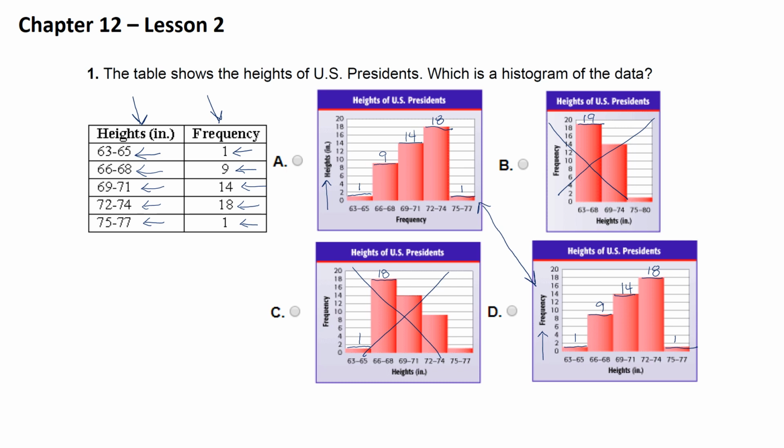In graph D, the vertical axis or y-axis is labeled frequency. For A, the x-axis or horizontal axis is labeled frequency. And for D, it is labeled heights. The one that matches our graph is graph D.